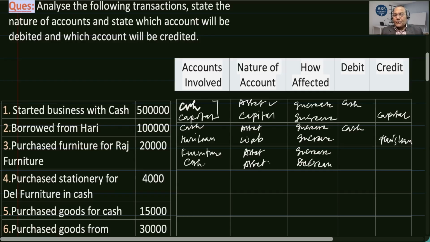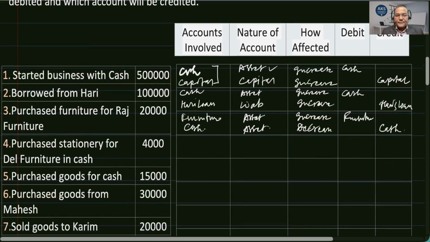So furniture account is to be debited, because in order to increase an asset, we need to debit that particular asset, and we need to decrease cash because of this particular transaction. Cash is going out of business, so what is that we are going to write here? Credit cash. So this particular transaction, I hope it is understood, with the same amount remaining the same.